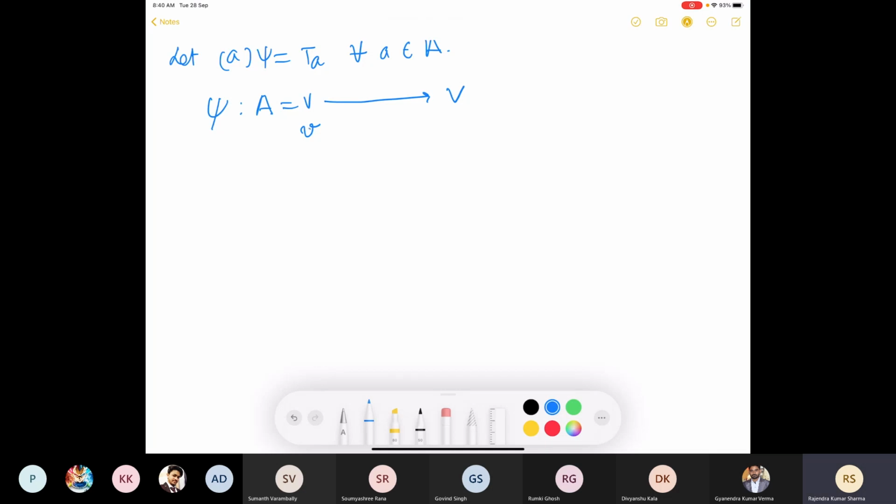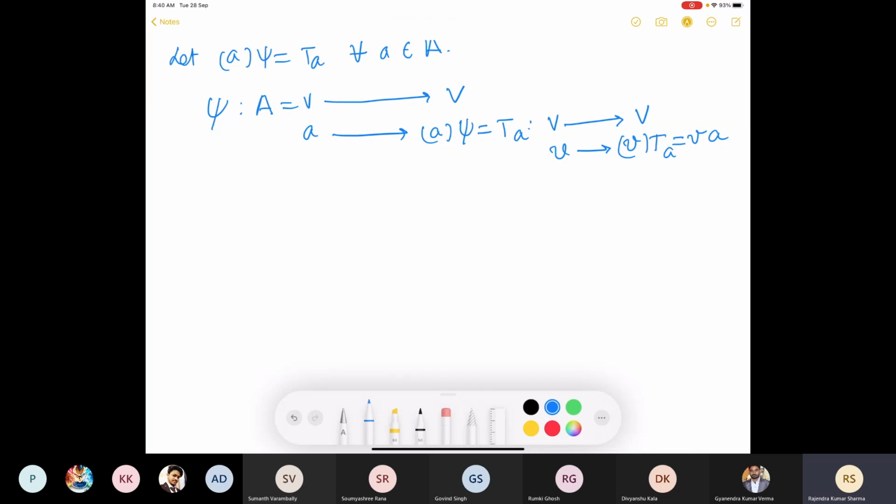A goes to A psi. Define this as T_A. So this T_A is the map V to V. How is it defined? V going to vA. So v under T_A is vA. That's how the picture is.